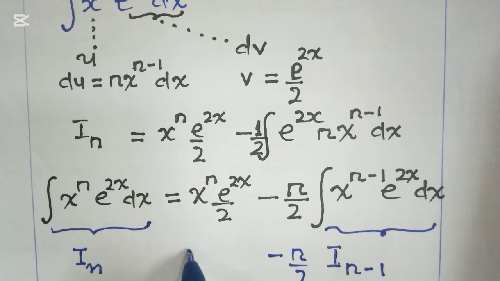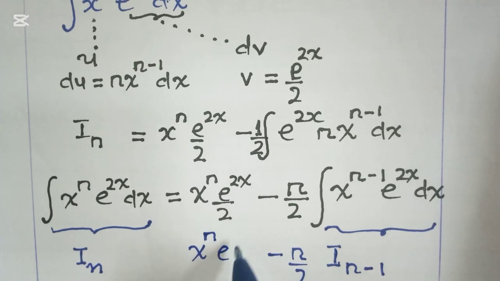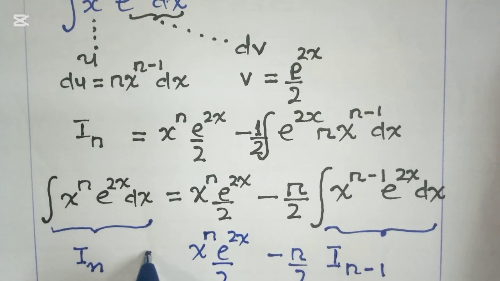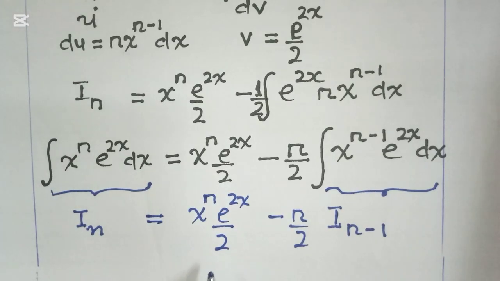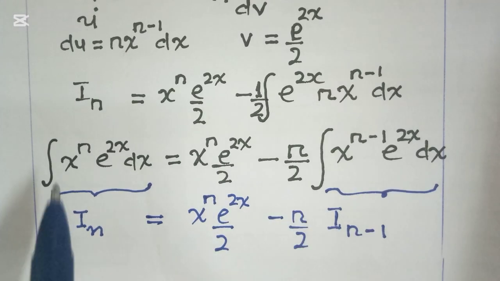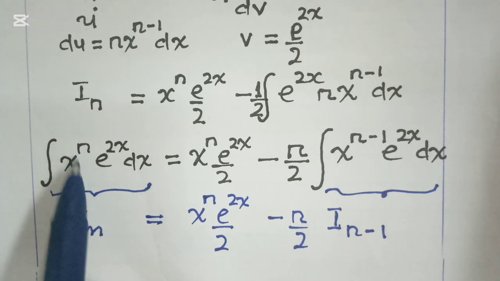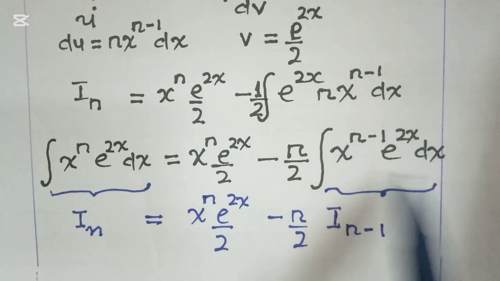And then we put this x^n e raised to 2x all over 2. So this is equal to that. So guys, we can see this is what we are saying. That is what we have found out, because the equation we are given, which is I_n, is a result of x being raised to n. All this remains constant as of this.